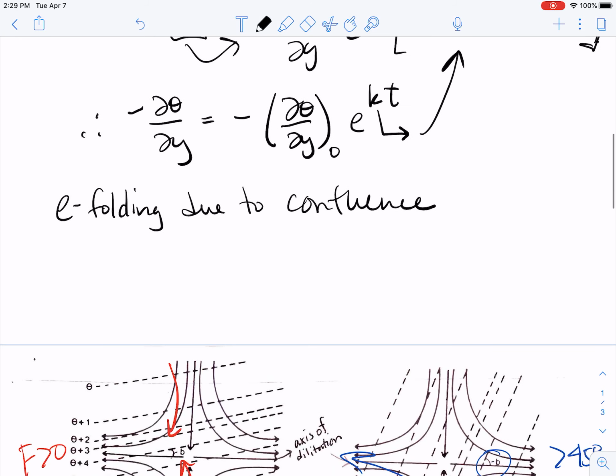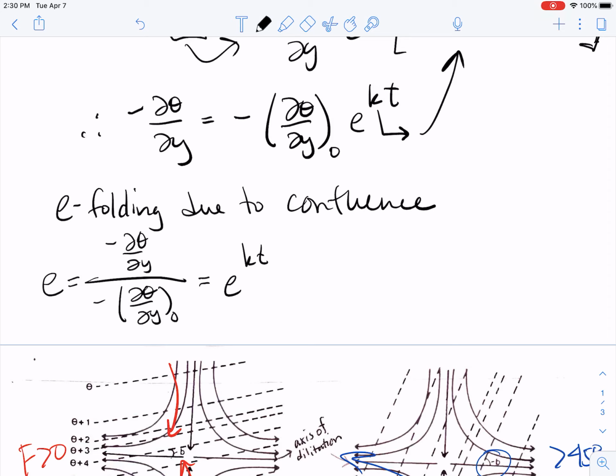And so the way we do that is if we put in ratio our new temperature gradient, d theta dy, over our initial temperature gradient, d theta dy naught, this will equal e to the k sub t. To get rid of the exponential, and we know that this wants to go up by a factor of e, we can say that this ratio we want to be e.